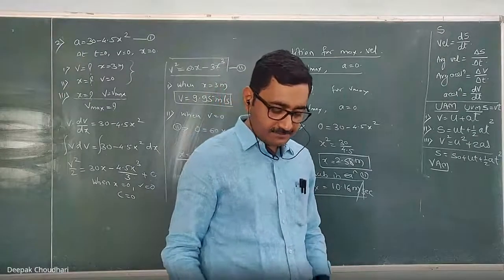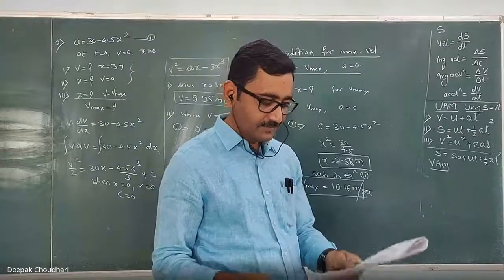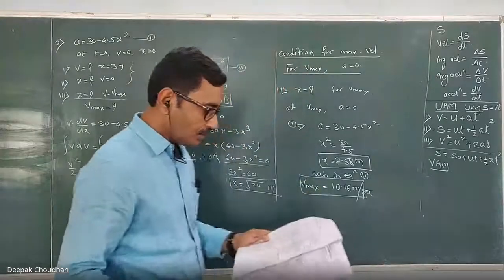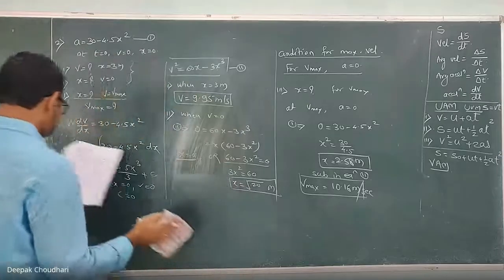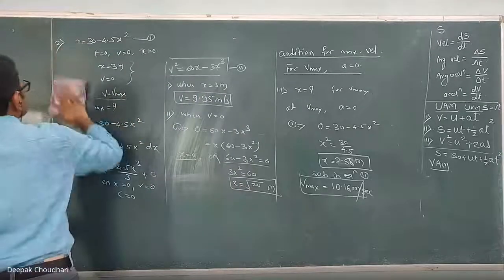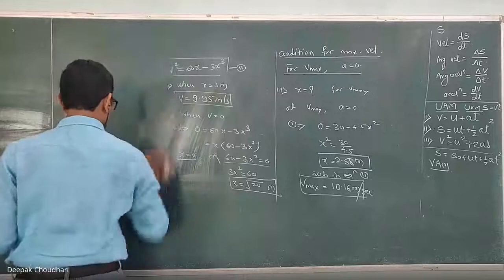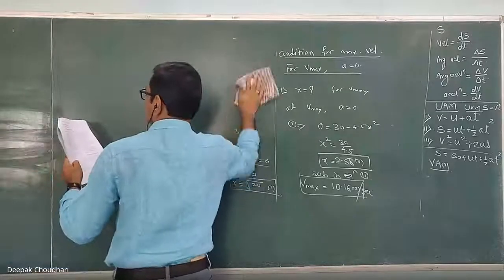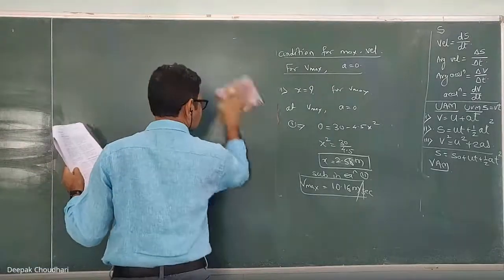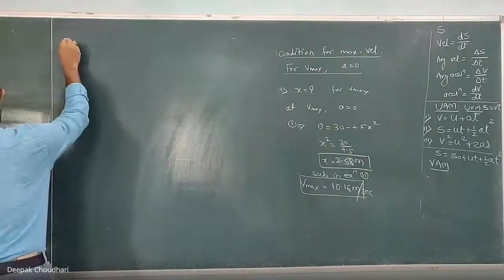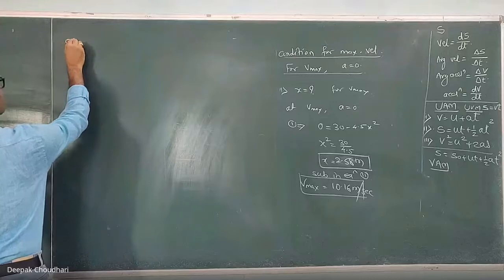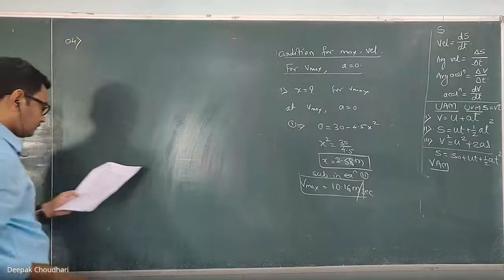The next, we'll solve sum number 4. Velocity is given as a function of time. Sum number 4.